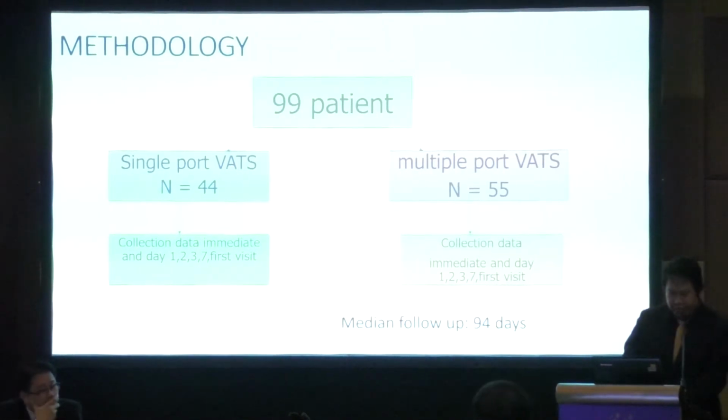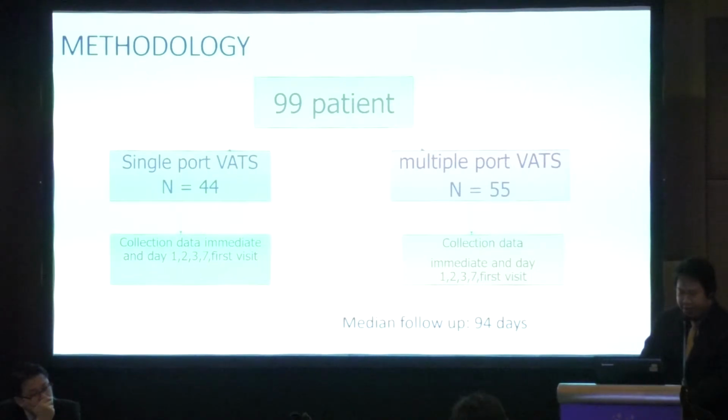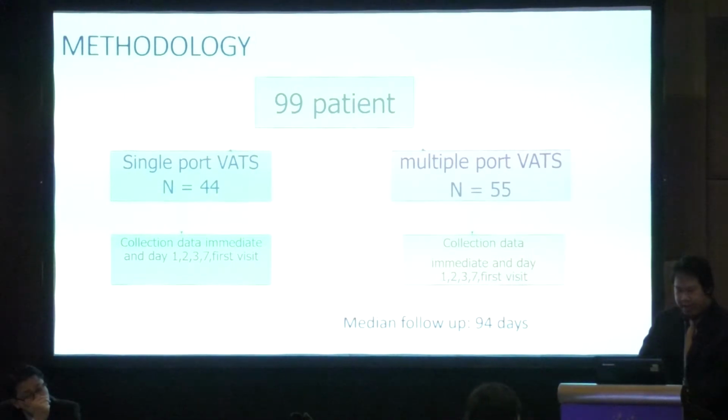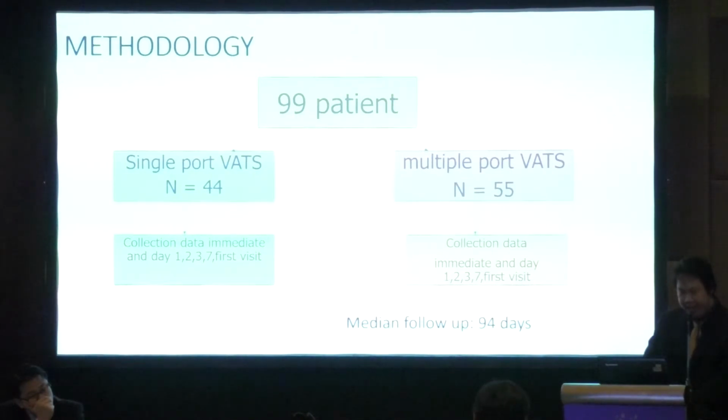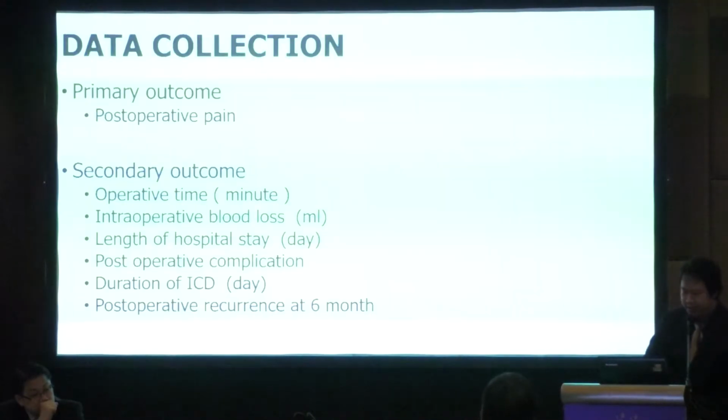There were a total of 99 patients: the single port VATS group had 44 patients, and the multiple port VATS group had 55 patients. The primary outcome is post-operative pain, at immediate post-op, and the first, second, third, and seventh days. At the first visit, the mean follow-up was 94 days.